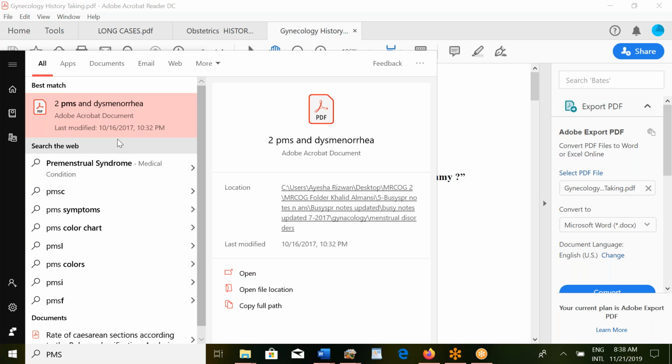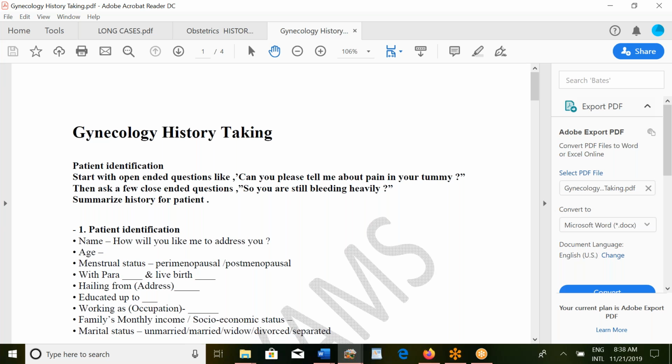Premenstrual syndrome. If your patient exhibits more and more signs of psychological disturbance, like her routine is being disturbed, then you will say that you will offer her assessment and treatment. So start with low dose SSRIs like citalopram in the luteal phase.